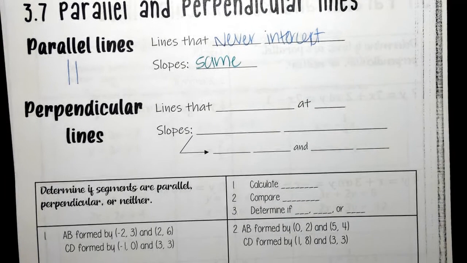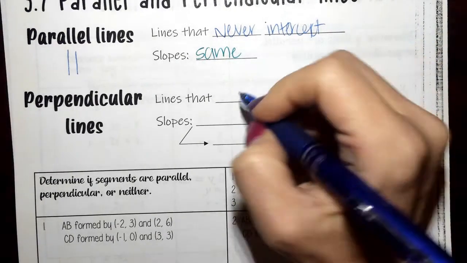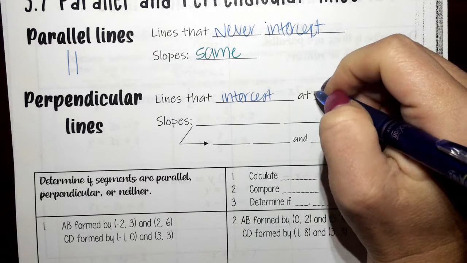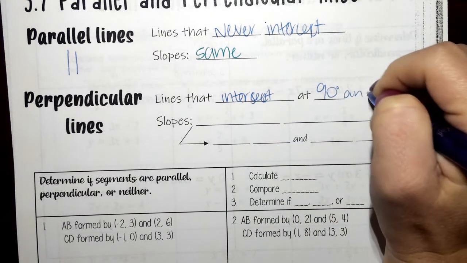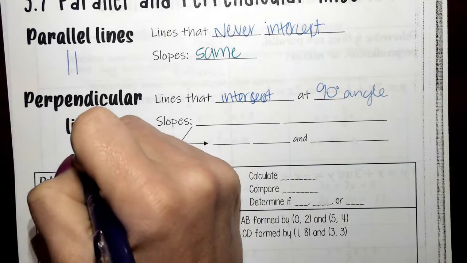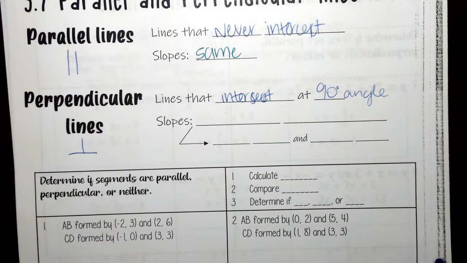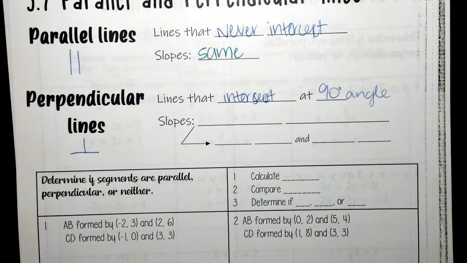So our perpendicular lines then are lines that intersect at a 90-degree angle. And so those are our lines that look like that. This is our perpendicular symbol.